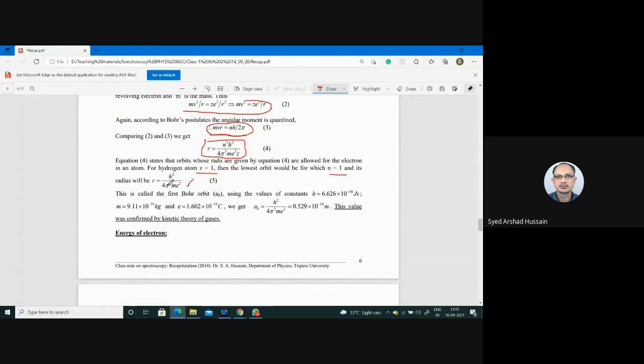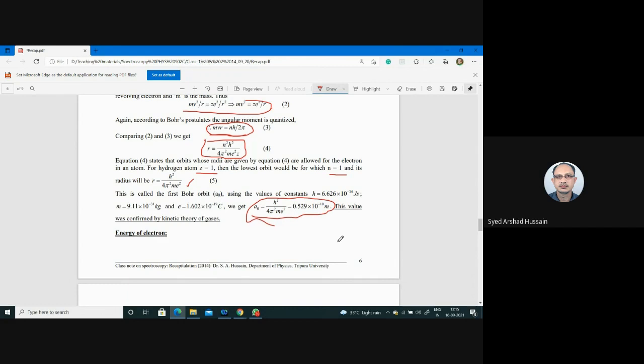So these h, π, m, e, all values are known. Putting all these values, it has been observed that the radius of the first orbit, this is known as the Bohr orbit of the hydrogen atom, is of the order of 0.529 × 10⁻¹⁰ meter.